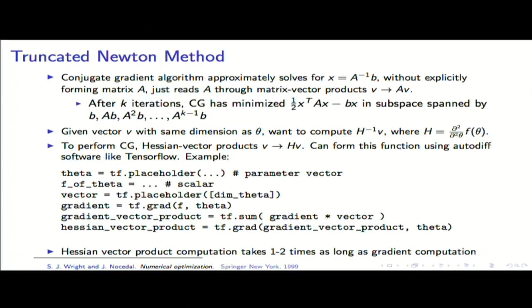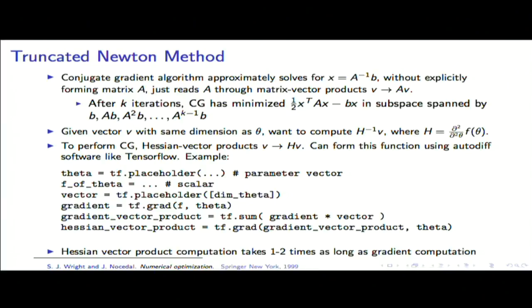If we have a vector v, we want to compute the Hessian inverse times v. In particular, if we want to do a Newton step, v is going to be the gradient, and we want Hessian inverse times gradient. So how do we do that with the conjugate gradient algorithm? We need to be able to take a vector v and compute the Hessian vector product Hv.